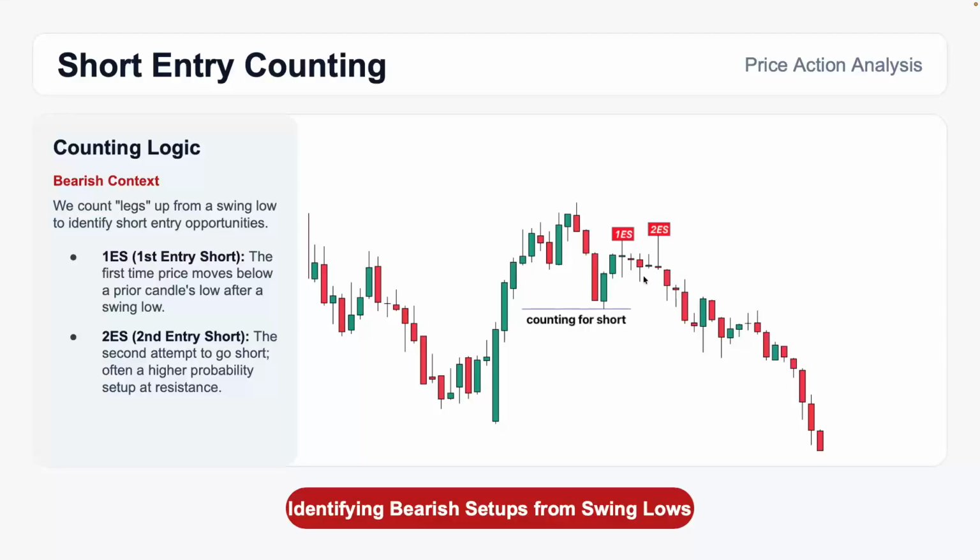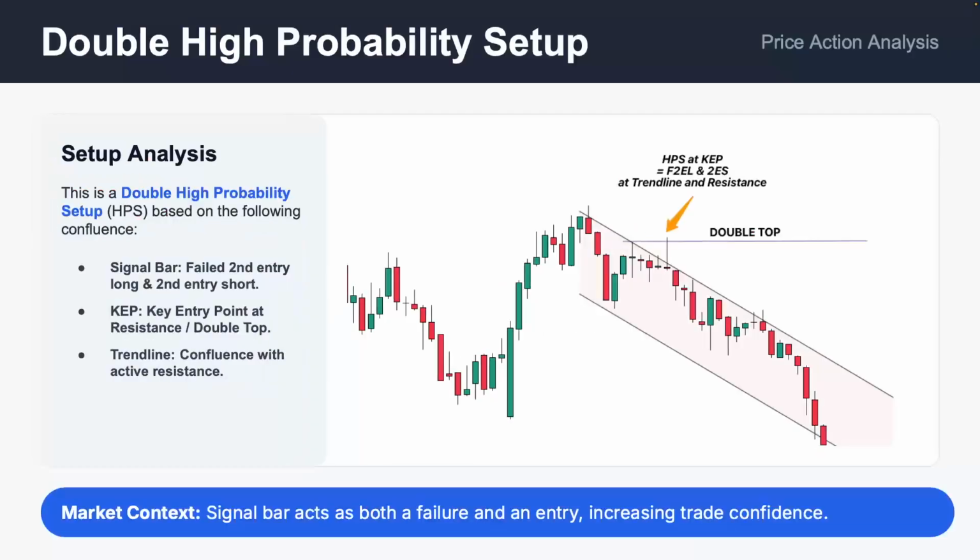They got the second entry long here, and they took the position here, and they got trapped here because the second entry long failed. So you can draw a trend line here, which will be a bull trend line. Now you can draw a new one, so there is a break of the previous trend line and a formation of a new trend line.